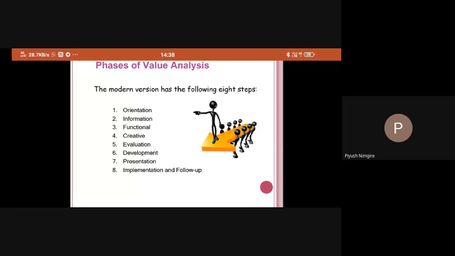So what is meant by orientation? Orientation is nothing but selecting a proper project, by applying experience, knowledge, or by considering the evaluation criteria for selecting a product for the value analysis.